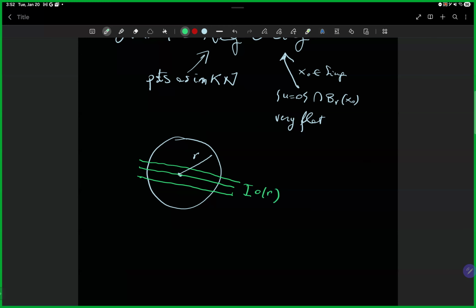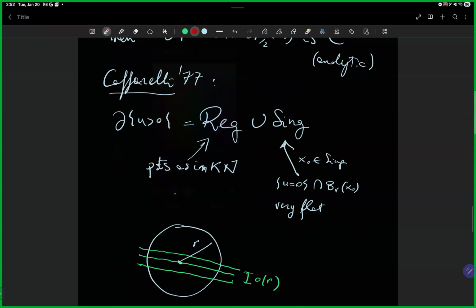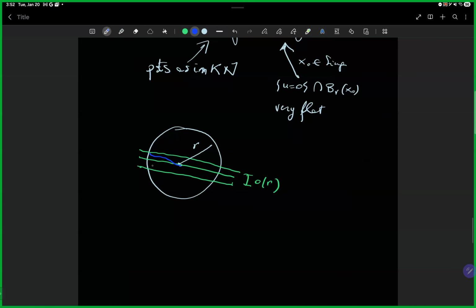And my contact set, what I drew before, u equals 0, is all trapped in between these planes. So your function will look probably something like this. This region is u equals 0, and then outside here, u is positive. So these are the singular points.